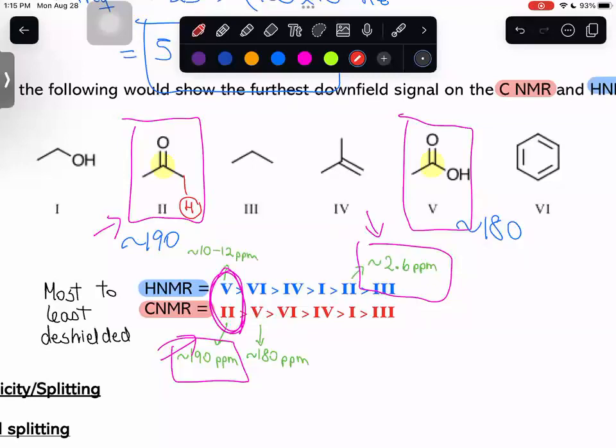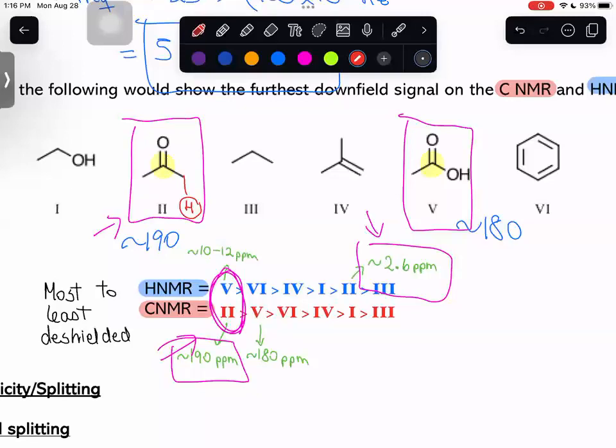So there's not an exact reason behind that, as far as I know. You have more dipole moments in the carboxylic acid, so it would make more sense for that one to be more de-shielded. But in practice, we see that the ketones appear to be more de-shielded. It's just a 10 ppm difference, so it's not that much. Now, the exact why, I don't know. Are you going to get asked questions on that? No.